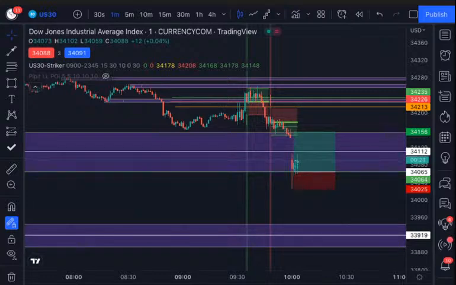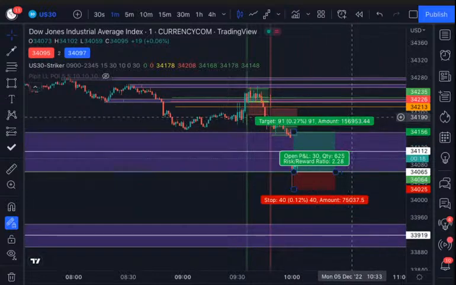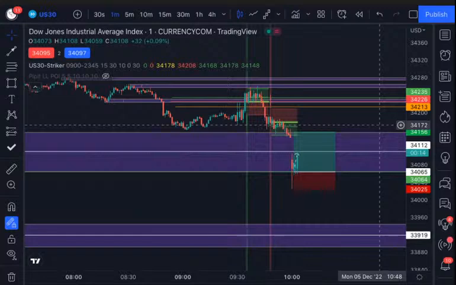I'm just going to take it up to close that gap. So I got like a 40-point stop. It's a 90-point target.